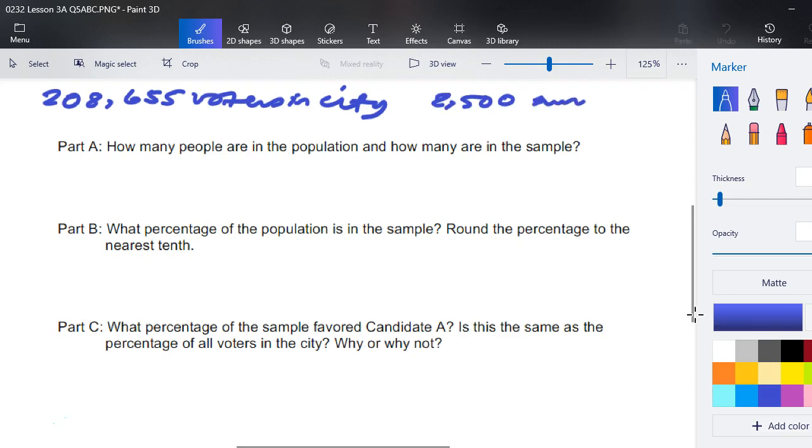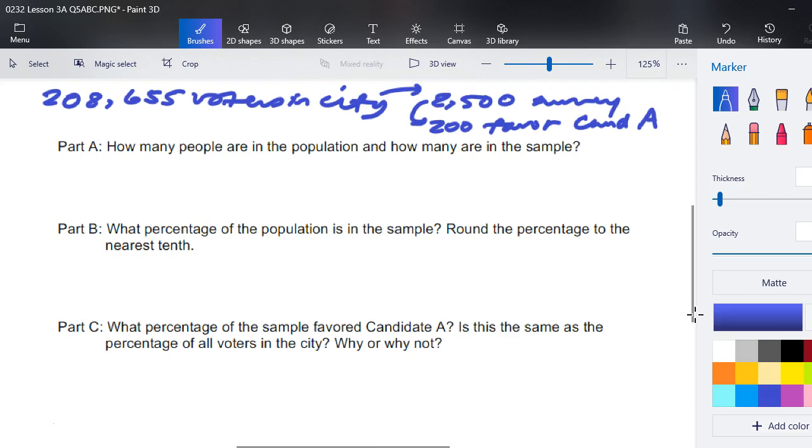So this is our survey. Then there is a result that out of the survey, 200 people said that they favored candidate A. So from the whole, we have a part, and from this sample, we have some results.